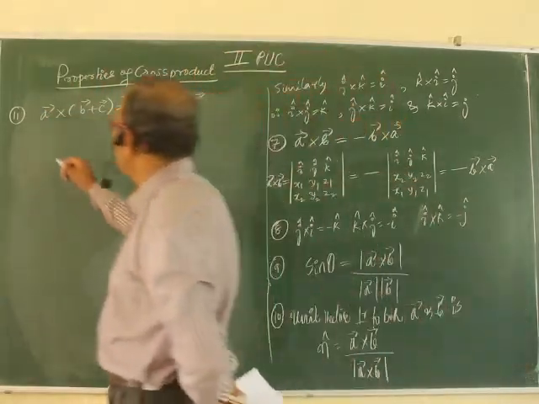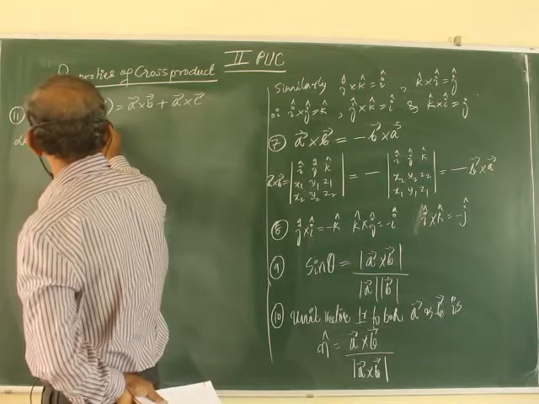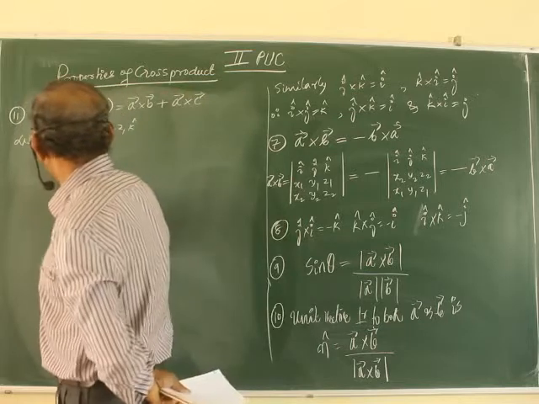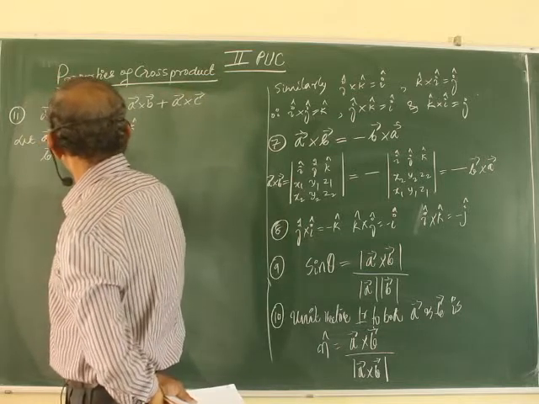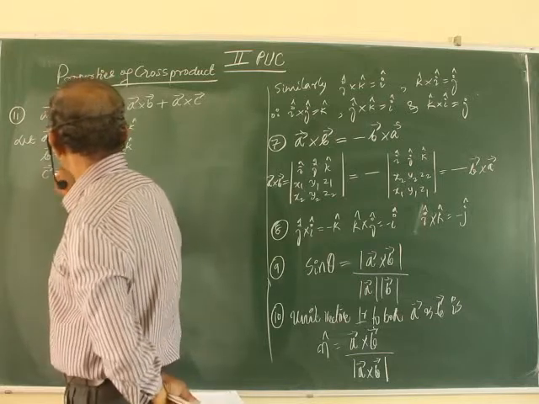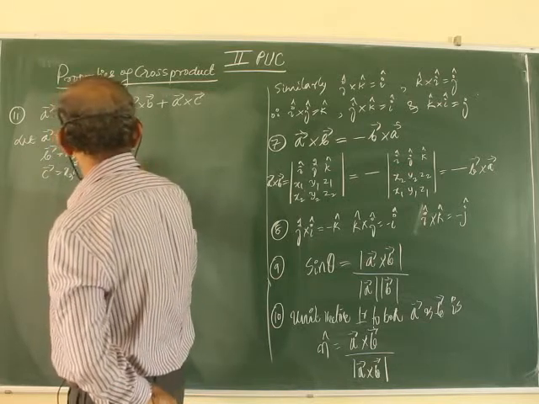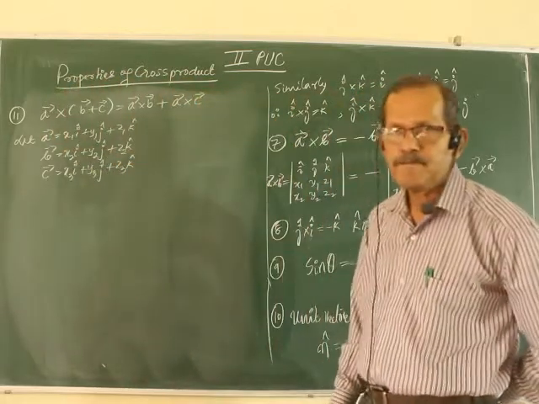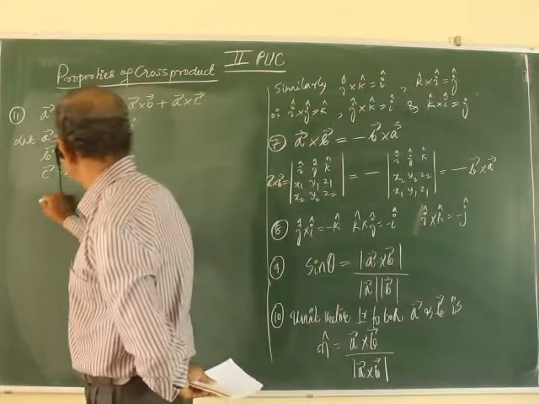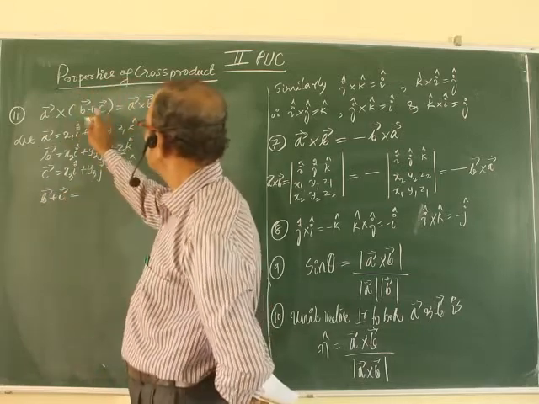Let us prove this. Let A equal to x1 i, y1 j, z1 k. B equal to x2 i, y2 j, z2 k. And one more vector, C equal to x3 i, y3 j, z3 k. Three vectors A, B, C. B plus C is adding B and C together.